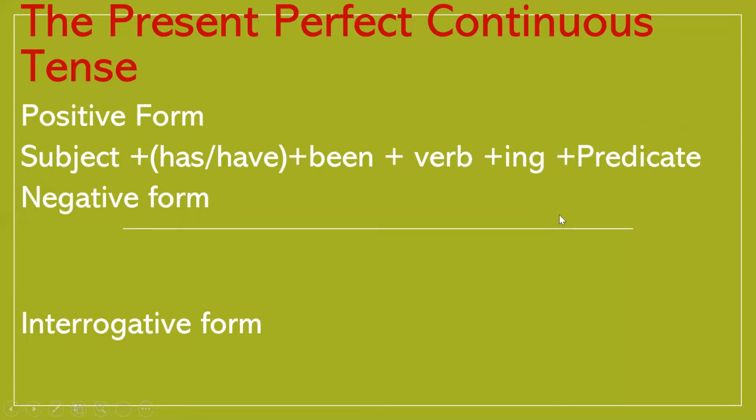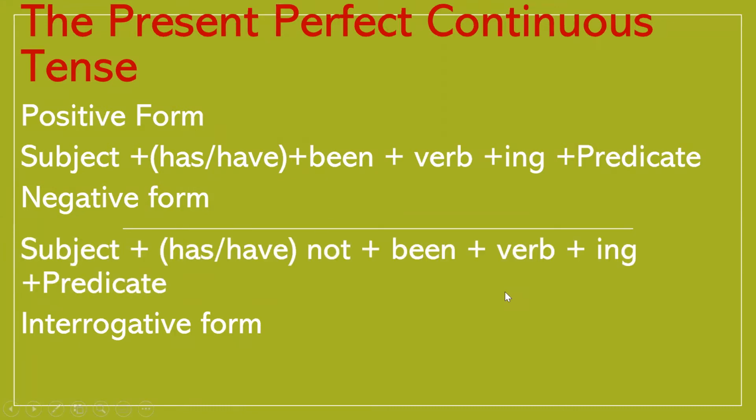Now the negative form, who will tell me? Adiba Abbas, 8B. Yes, ma'am. Subject plus has or have not plus been plus the present participle of the verb and rest of the predicate. Yes, present participle again is verb in the first form and ing. So subject plus has or have not plus been plus verb plus ing plus predicate. Now the interrogative form of the present perfect continuous tense.